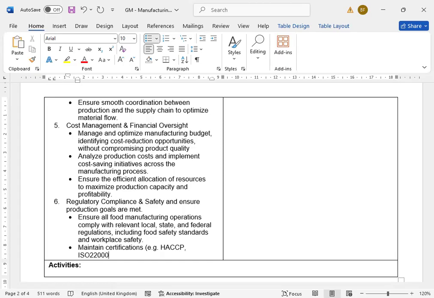What is ISO 22,000? It's about food safety risk. Okay. Then SQF, food quality safety. Then that's it.